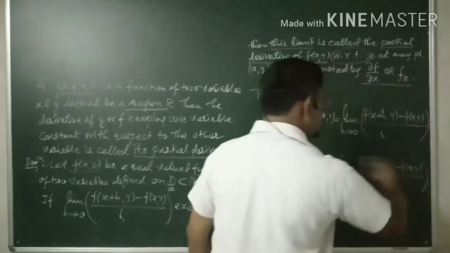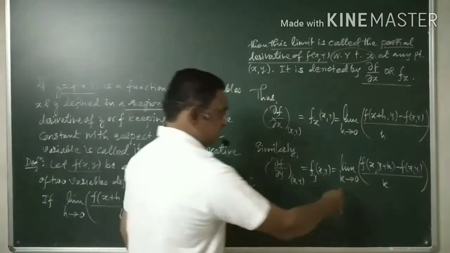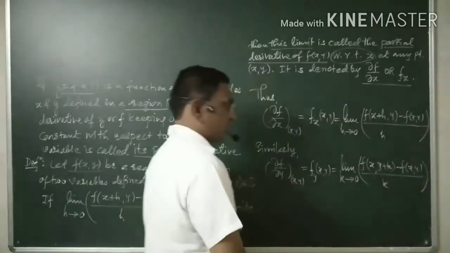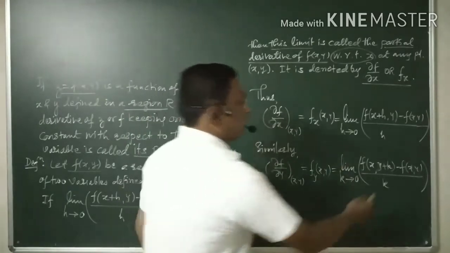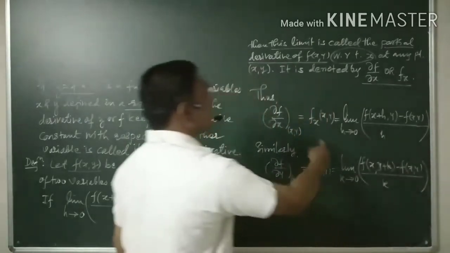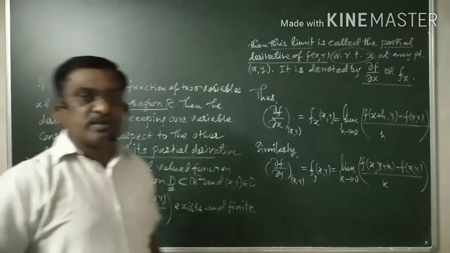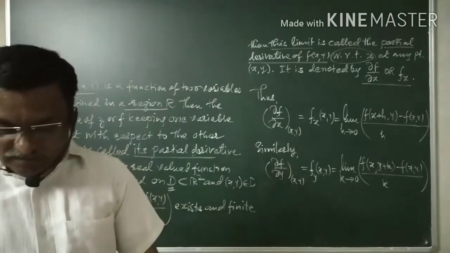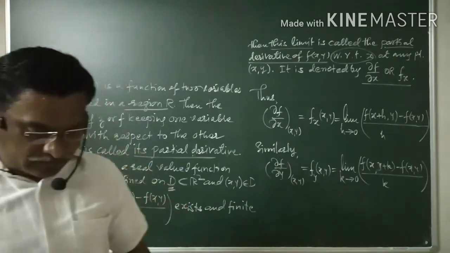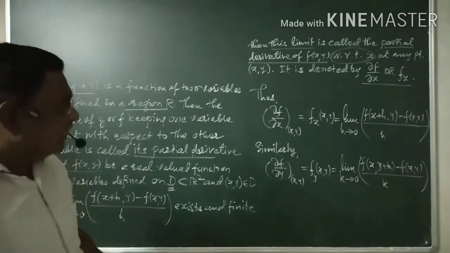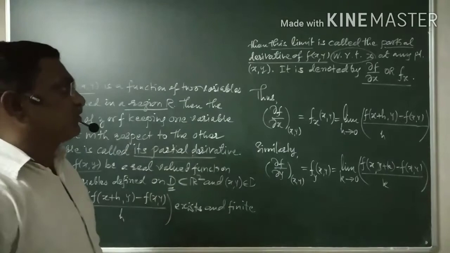If this limit exists and is finite, then it is known as the partial derivative of the given function f of x y with respect to the variable y. These are the definitions of the partial derivative of a function of two variables.